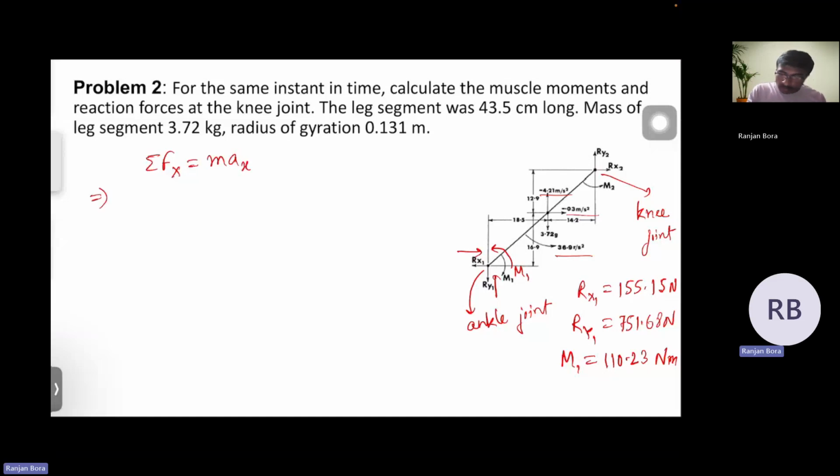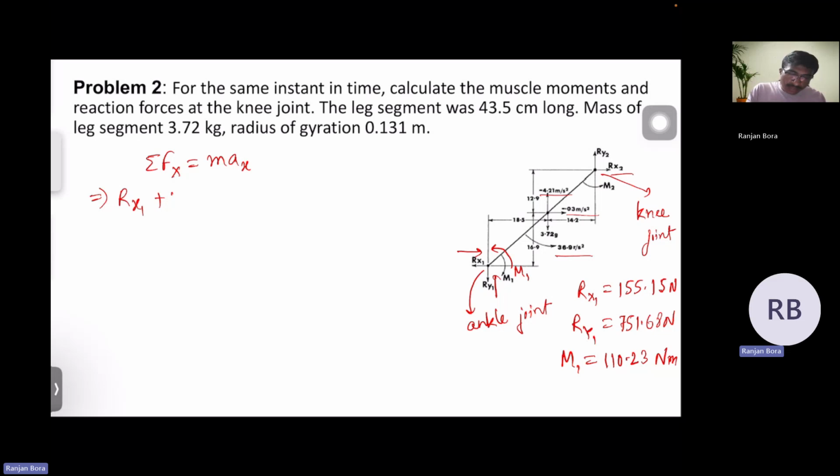From this equation, here you see Rx1 is acting in the positive x direction. So Rx1 plus, in the x direction, one more force at the knee joint, which is Rx2, and there is no other force in the x direction, equal to m.